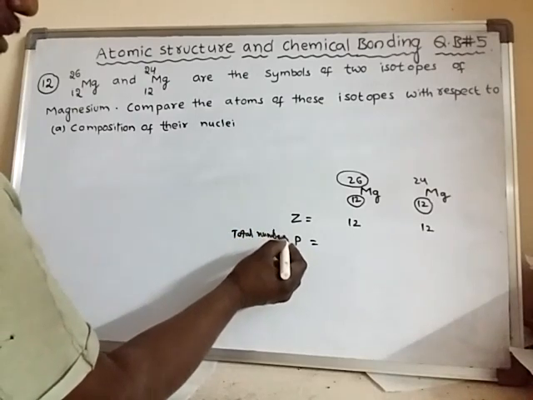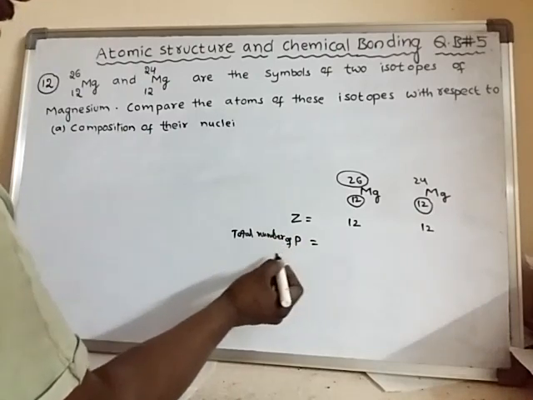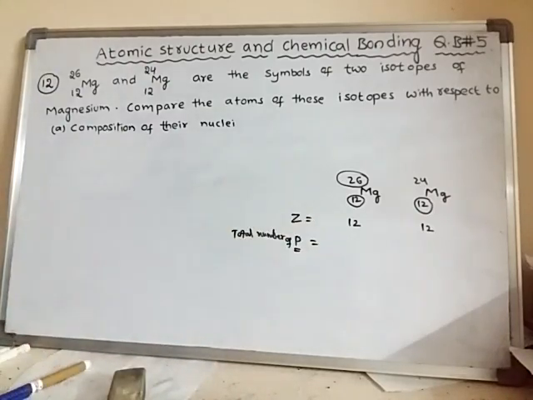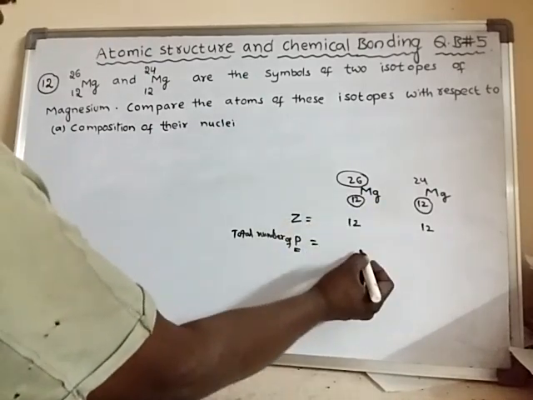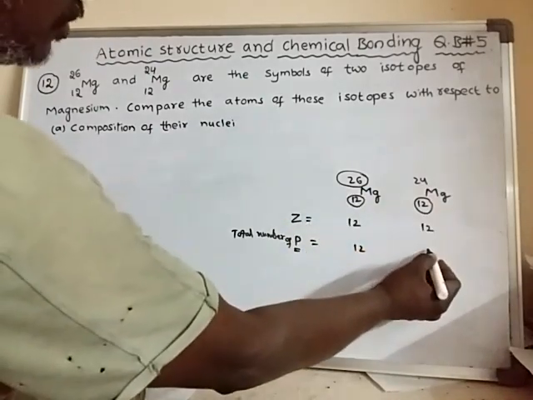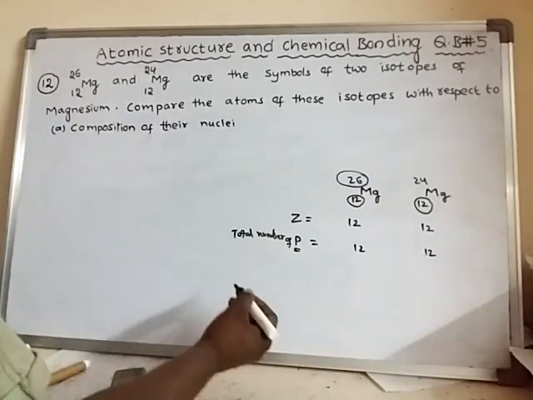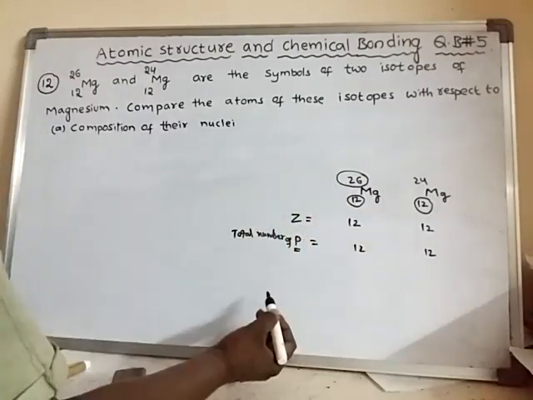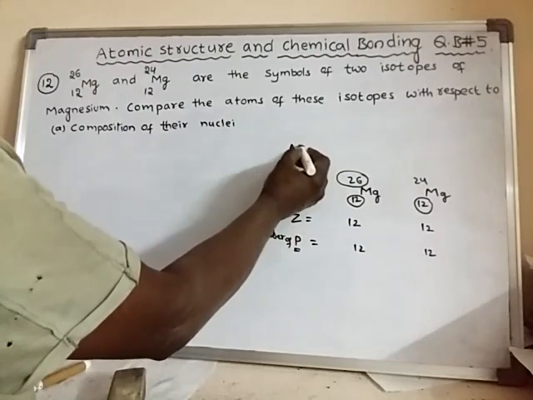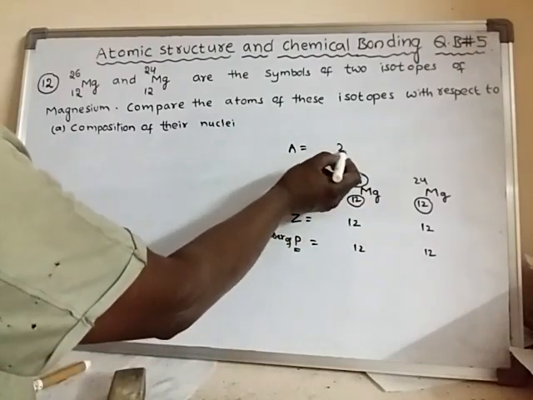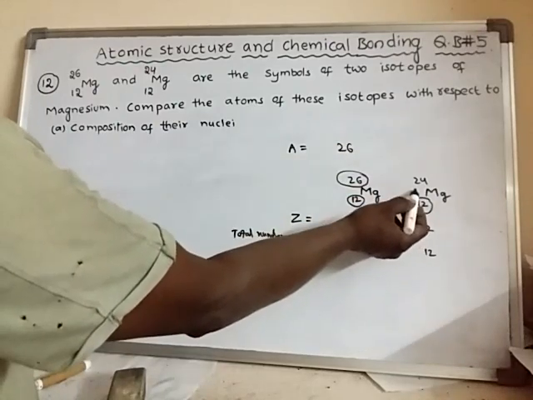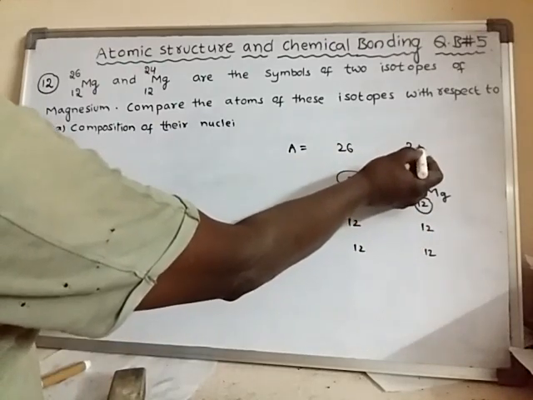P stands for protons. The total number of protons is how many? In this there are 12 protons. Here also there are 12 protons. What is atomic mass? For this one it is 26, and for this one it is 24.